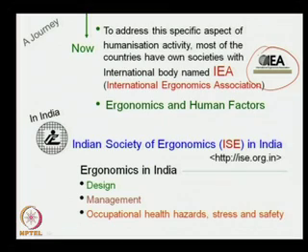The term has finally become ergonomics and human factors, or they use only ergonomics, and sometimes only human factors. In India also we have the Indian Society of Ergonomics, that is ISE, and this is its web address.